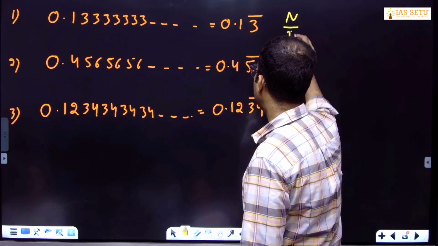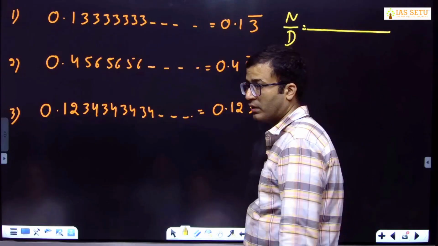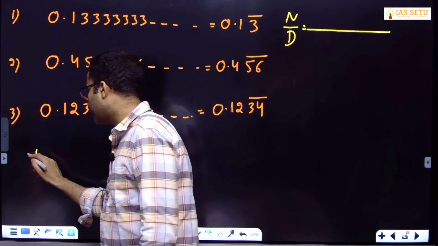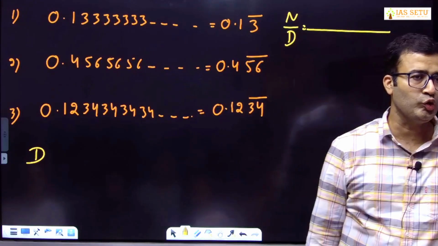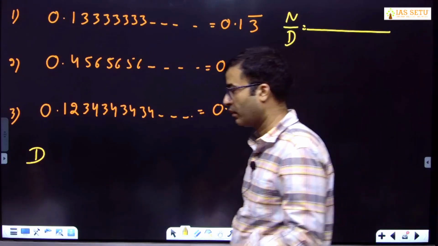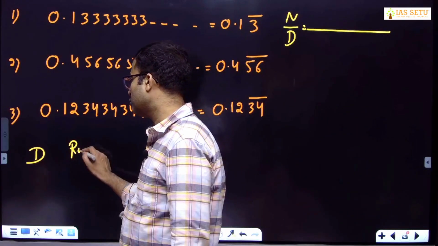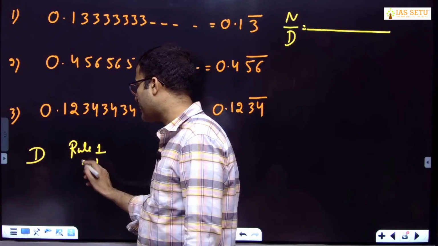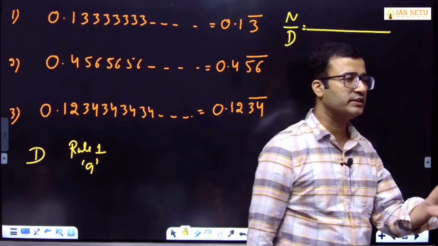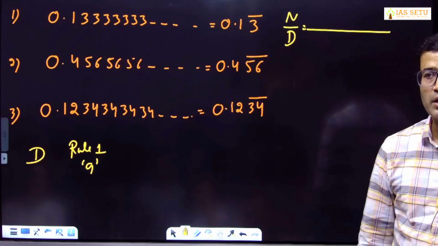numerator upon denominator. First I tell you the denominator. In this type of question we have 2 rules for the denominator. Rule number 1 you already know: as many 9s as many digits under the bar. Fix it.